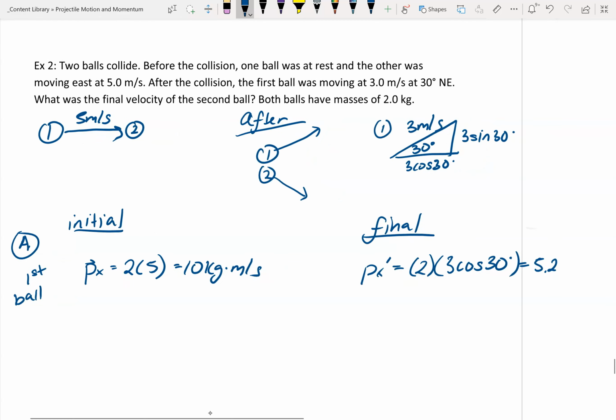Now we're going to find our missing pieces. We're going to do the change in our momentum in the x direction, and then we're also going to find the change in momentum in the y direction.